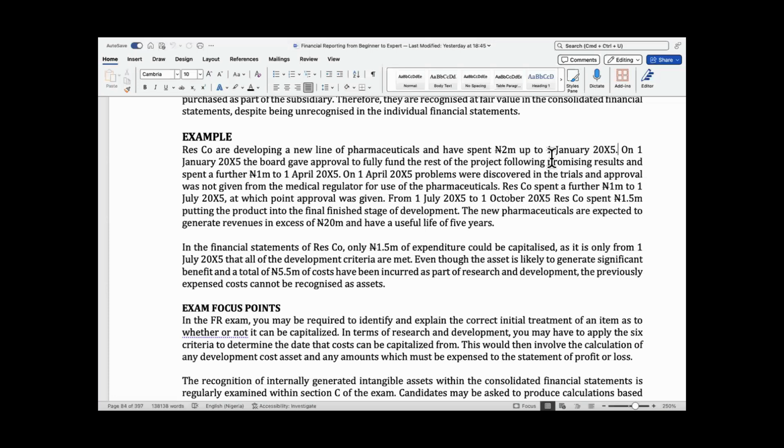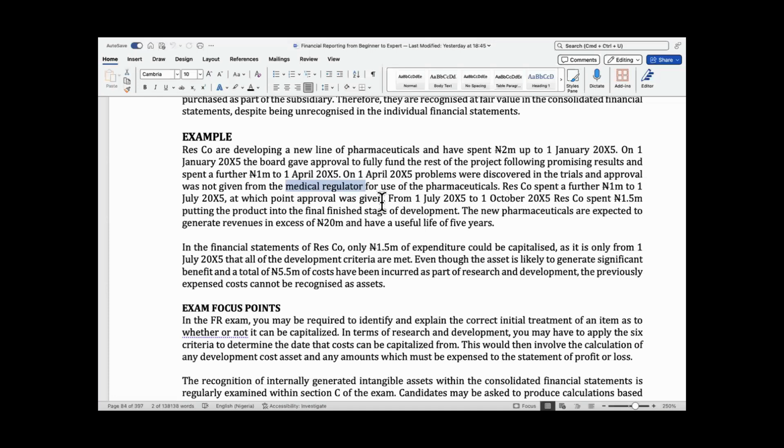So they now said they spent a further 1 million to April. Okay, so in April, problems were discovered in the trials and approval was not given by the medical regulator. They have not even gotten approval from the regulators. So even this 1 million they spent before April will be expensed because they have not gotten regulatory approval. So RESCO spent a further 1 million to July, at which point they got approval.